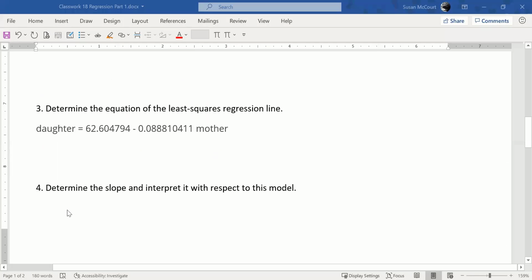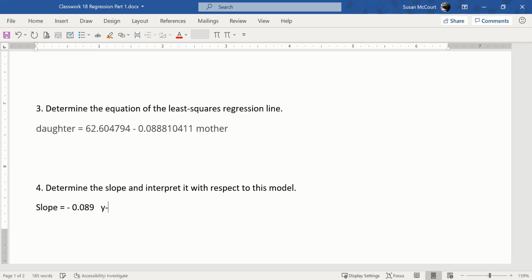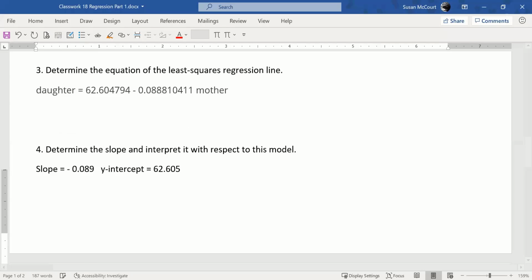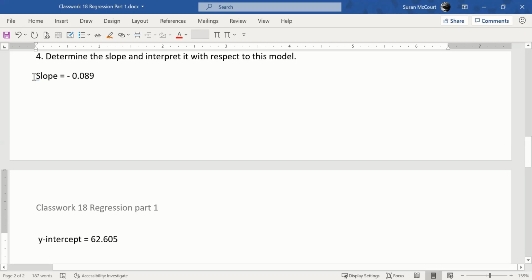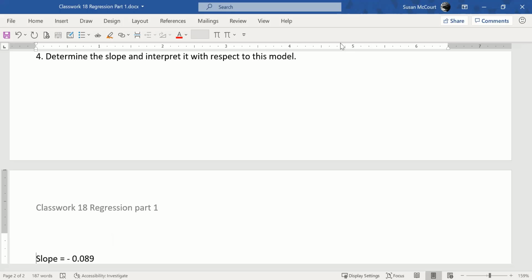So the slope is equal to negative, I'll round it to 0.089, and the y-intercept is equal to 62.605. I'm going to do them separately so you can see to interpret, so I have enough room.